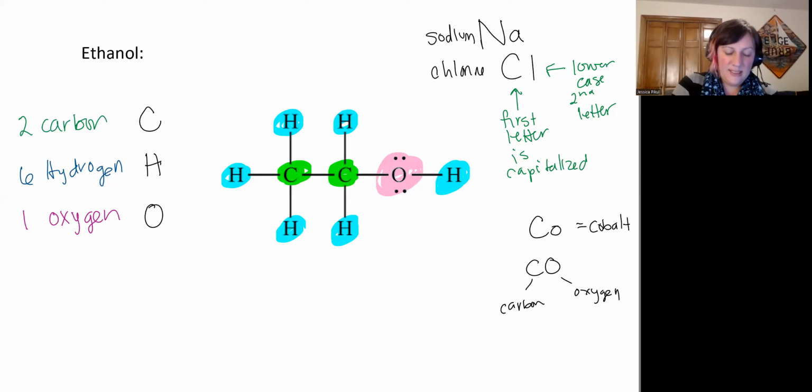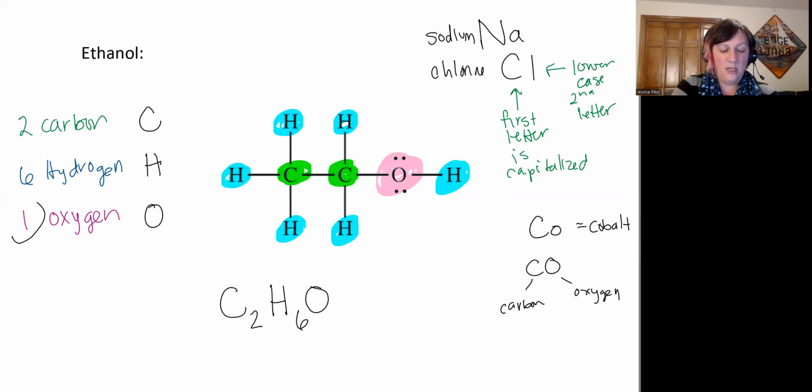So we're going to put these symbols in order. We've got carbon, then hydrogen and oxygen. Then we're going to use subscripts, in the space following each symbol, for the number of each of these atoms that we have. Our carbon has 2, our hydrogen has 6, and our oxygen has 1.